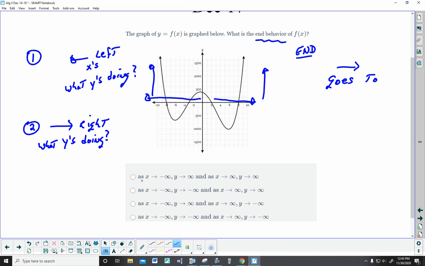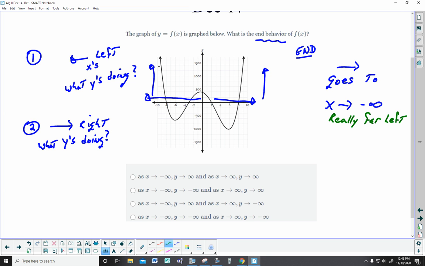So as x goes to negative infinity, that means you're going left. That's an 8, not an infinity. As x goes to negative infinity, that means you're going really far left. What are the y's doing?